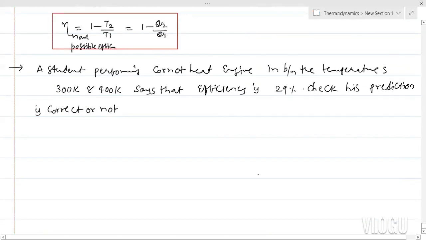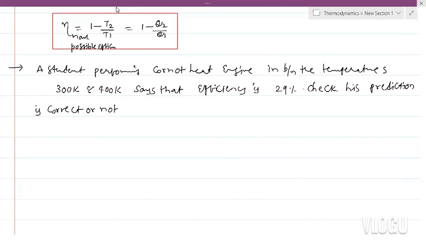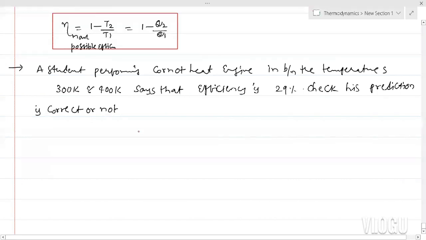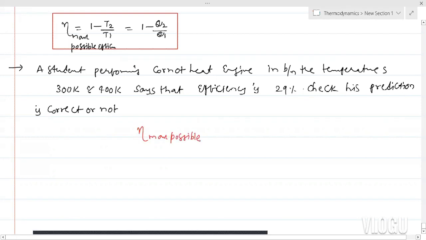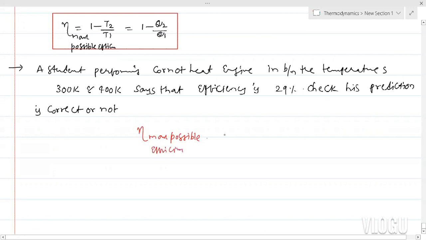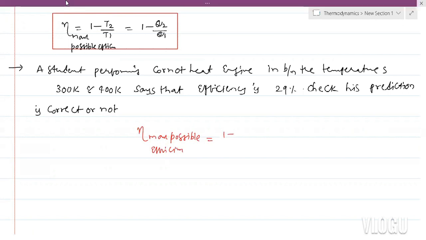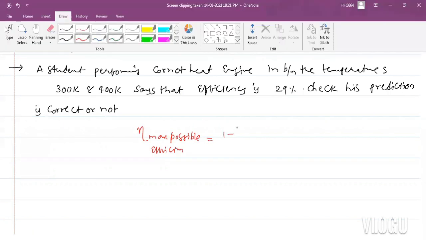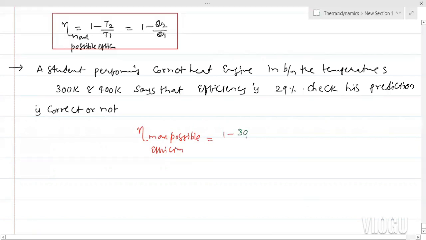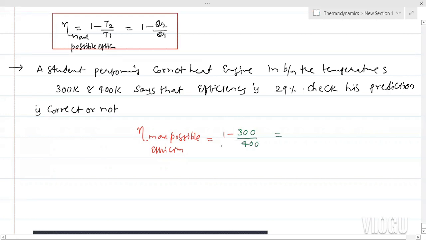So there may be a possibility to ask a question like this. Generally, we write the maximum possible efficiency on the paper: 1 minus T2 by T1. T2 is the lowest temperature, that is 300 by 400 here. 1 minus 3 by 4 is 1 by 4.